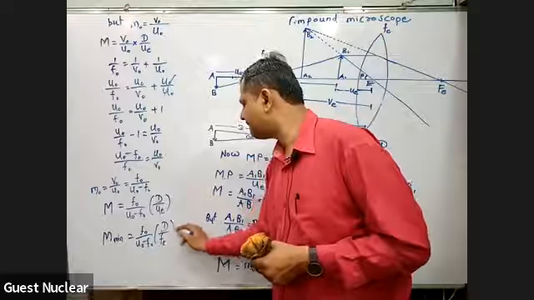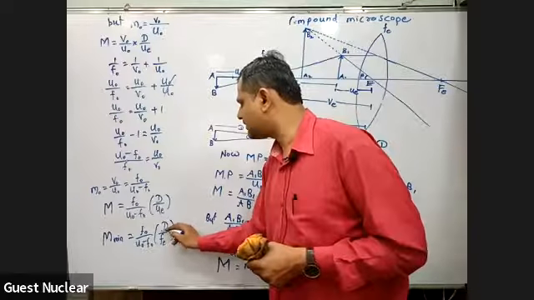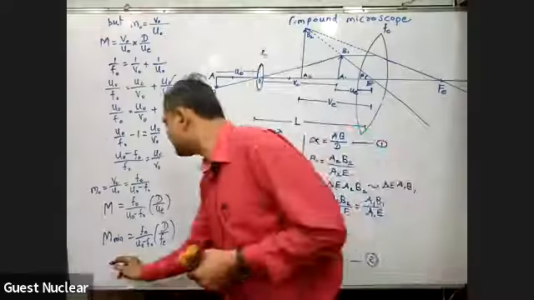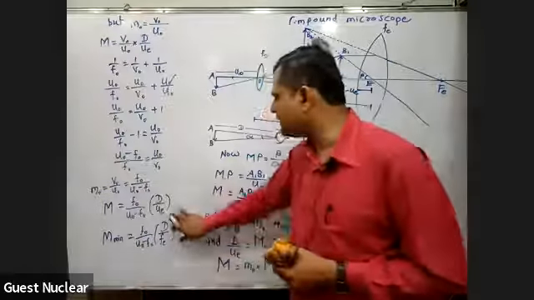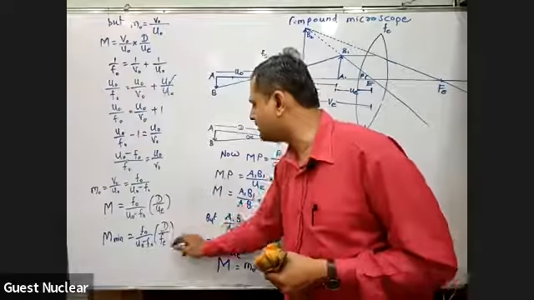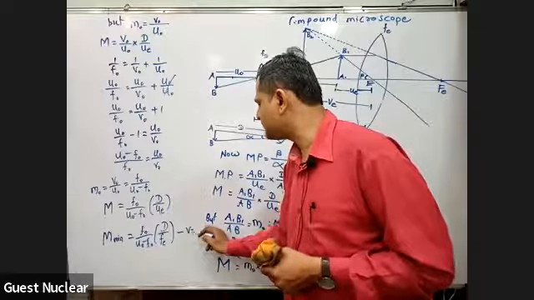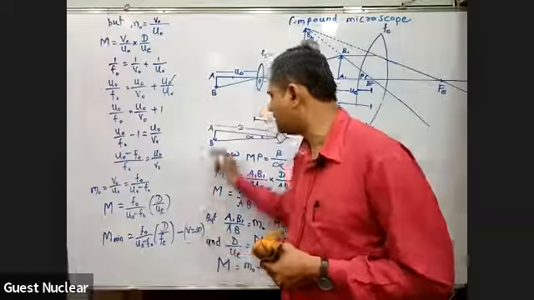ओके, and this value will be obtained only when image is formed at infinity. So v must be equal to infinity for this to happen, remember.